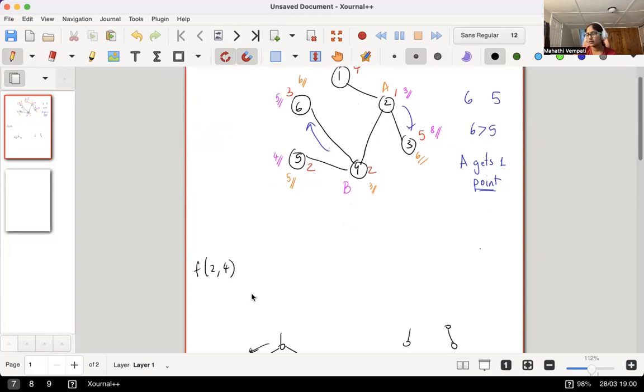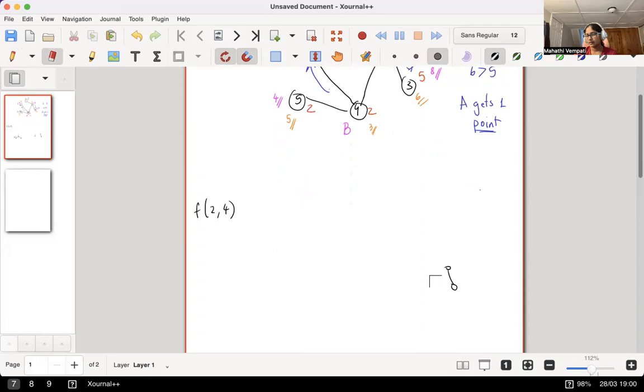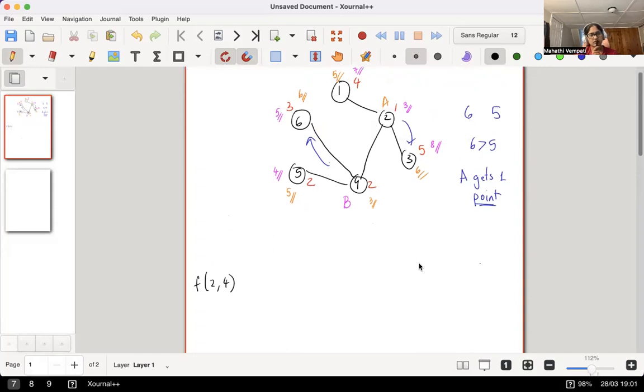To compute that, right? Then this has 1, 4, 3, and this has 5, 6, 2.